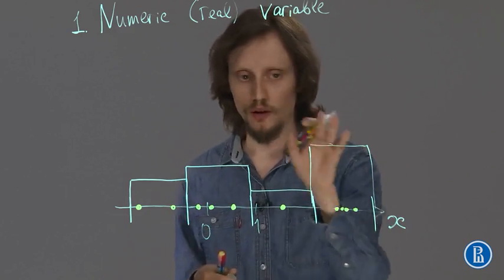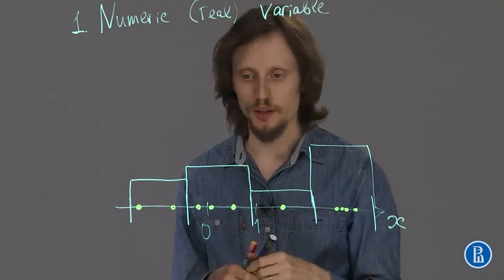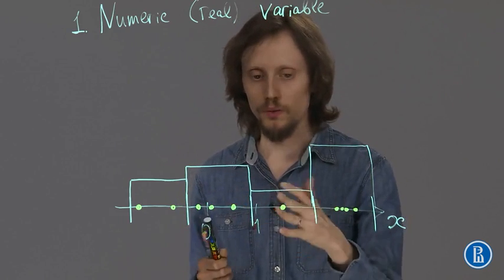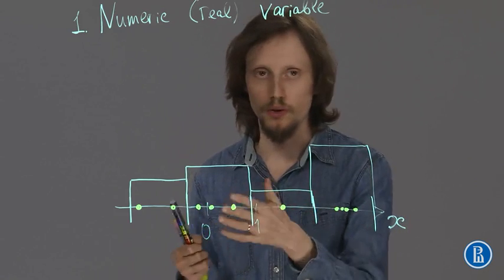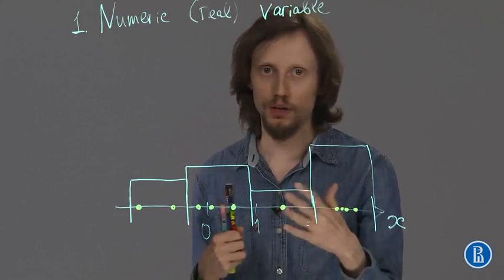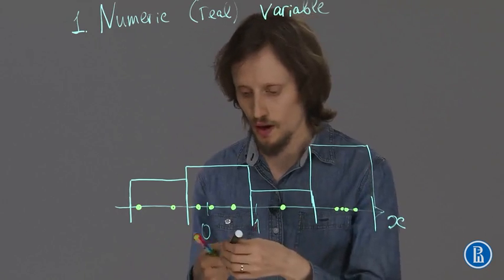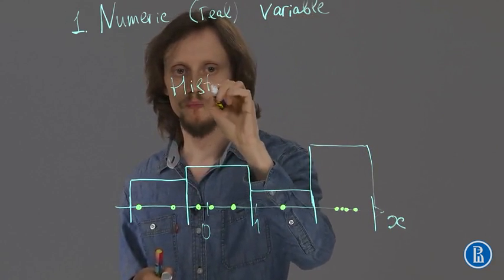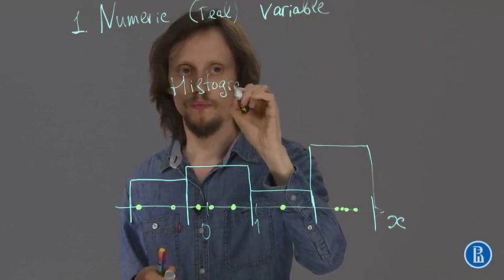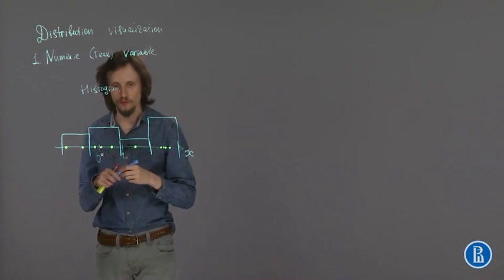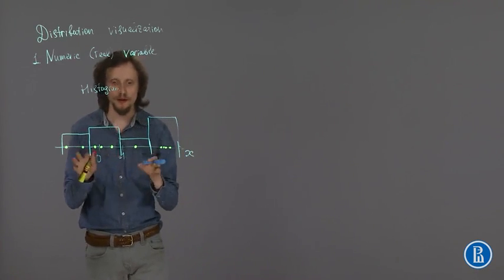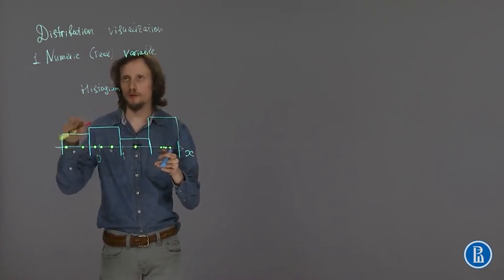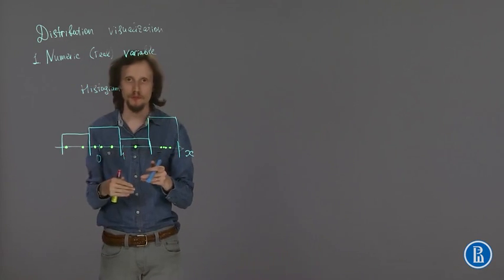So this picture allows us to understand in which regions we have a lot of points, in which regions we have a smaller amount of points, and where we don't have points at all. And this is called a histogram. So, histograms are used to represent distributions of numerical variables.